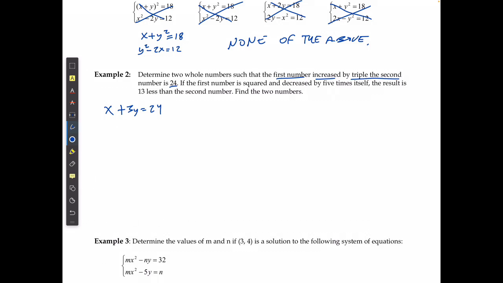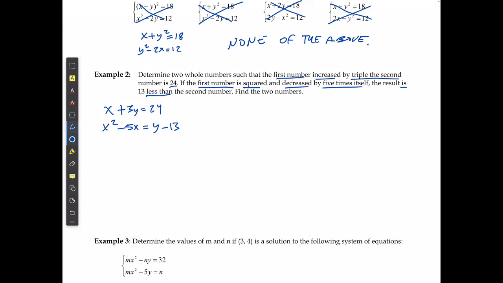If the first number is squared, x squared, decreased by 5 times itself, minus 5x, the result is, and "is" means equals in math, 13 less than the second number, which would be the second number minus 13. Just be careful of the order once again.